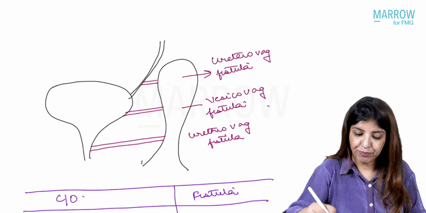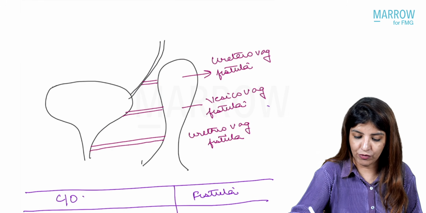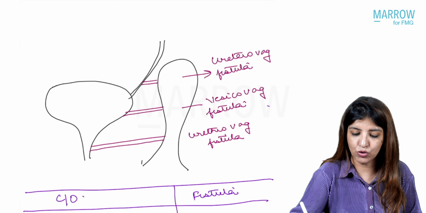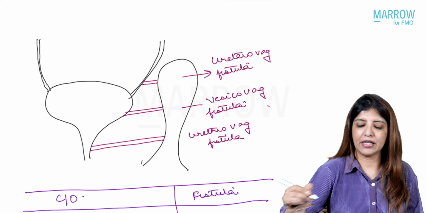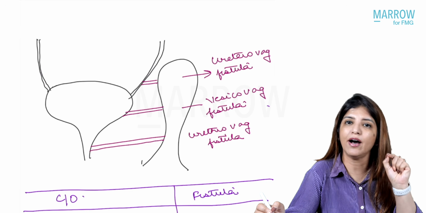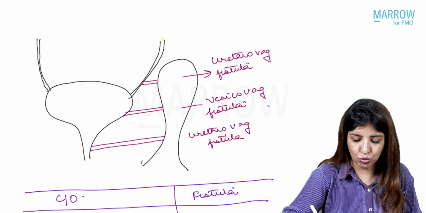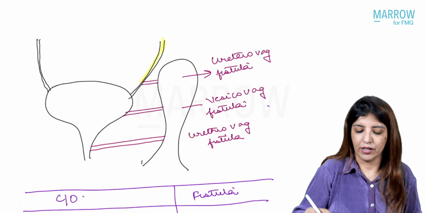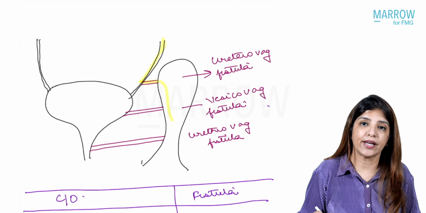So, imagine if a female has ureterovaginal fistula. So, first I am talking about ureterovaginal fistula. Ureterovaginal fistula means one of the ureters is connected to vagina via fistula. So whatever urine is coming through this ureter via this fistula, it is going to come out in the vagina, right?